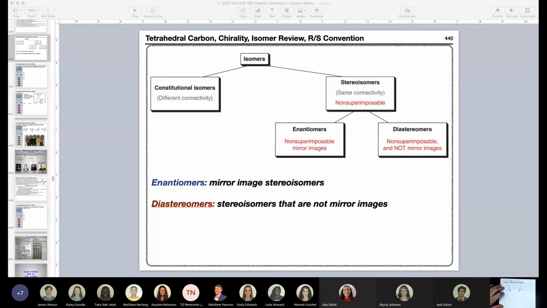So if you're having issues seeing that, take your left hand and your right hand and put your thumbs together and then your fingers. Those are mirror images.